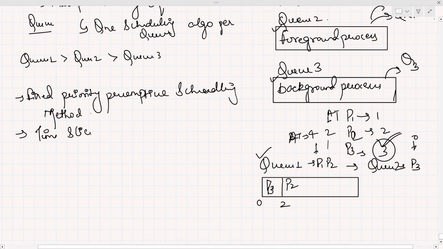Time slicing, what does this mean? I explained that Q1 processes are running, and at one particular time Q2 processes can also get the CPU. So a time slice is there for Q1 and Q2.